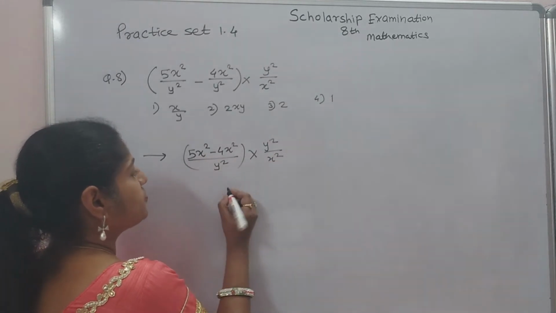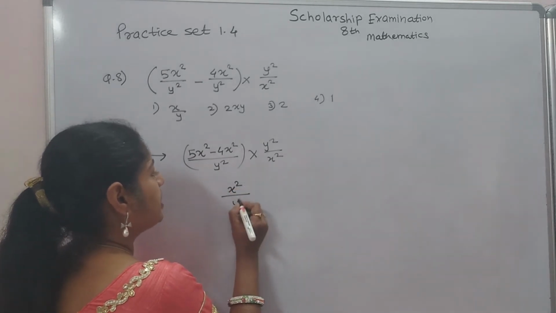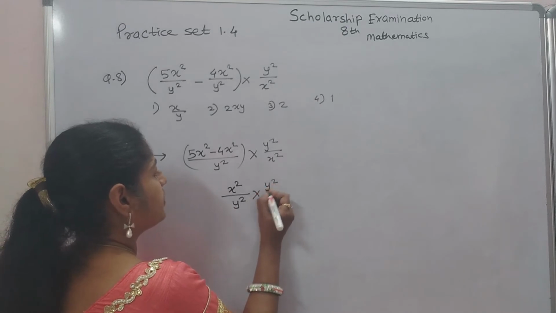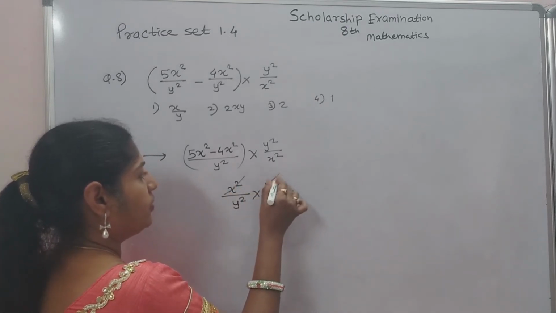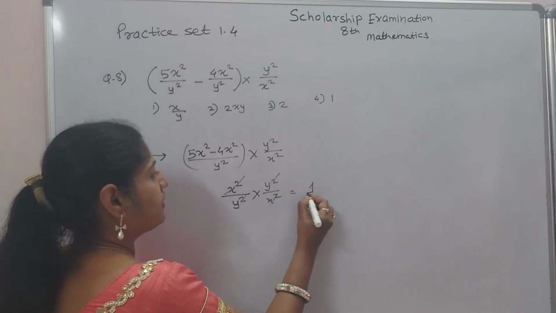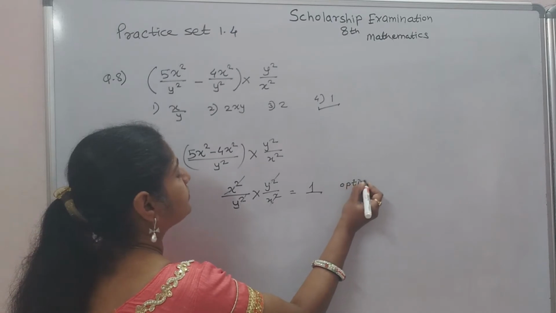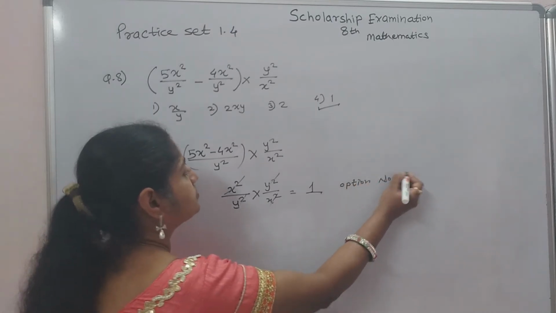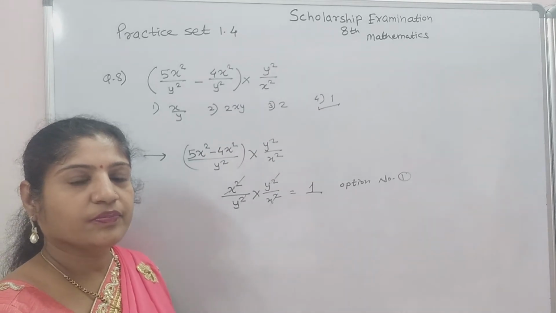Only 1x square is remaining. x square upon y square into y square upon x square. Numerator and denominator are equal. So the multiplication is 1. So the answer is option number 1. It's too easy an example.